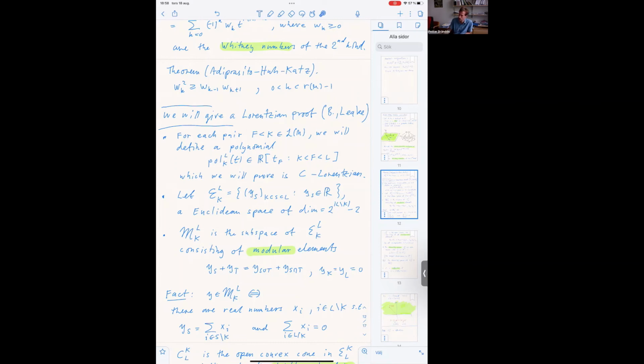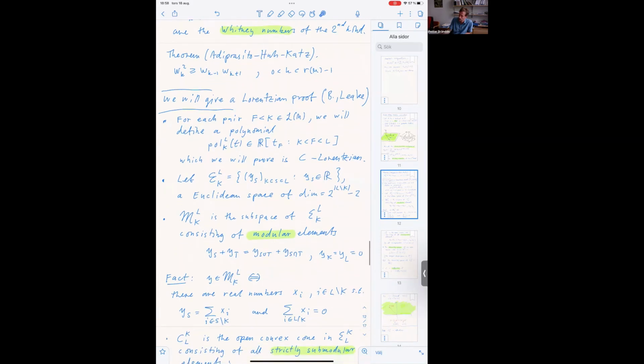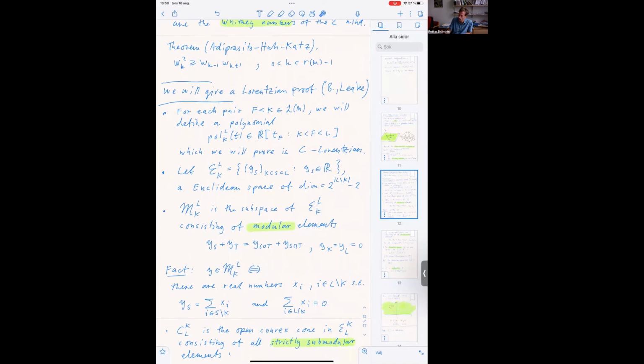So this is a Euclidean space of dimension 2 to the power of L minus K minus 2. And we have a specific subspace of this consisting of the modular elements that satisfy this modular law. And here we sort of enforce that even though y_K and y_L are not defined, when needed, we always set them to be 0.